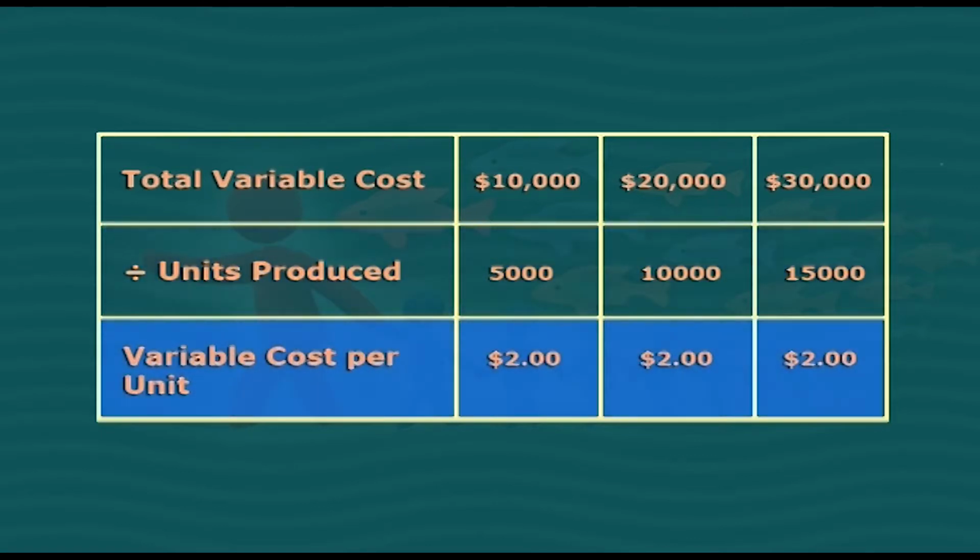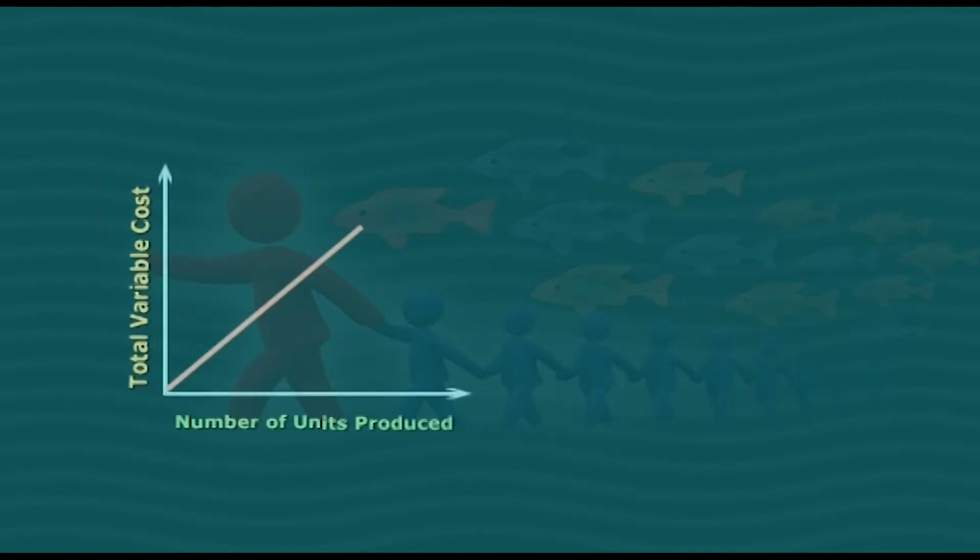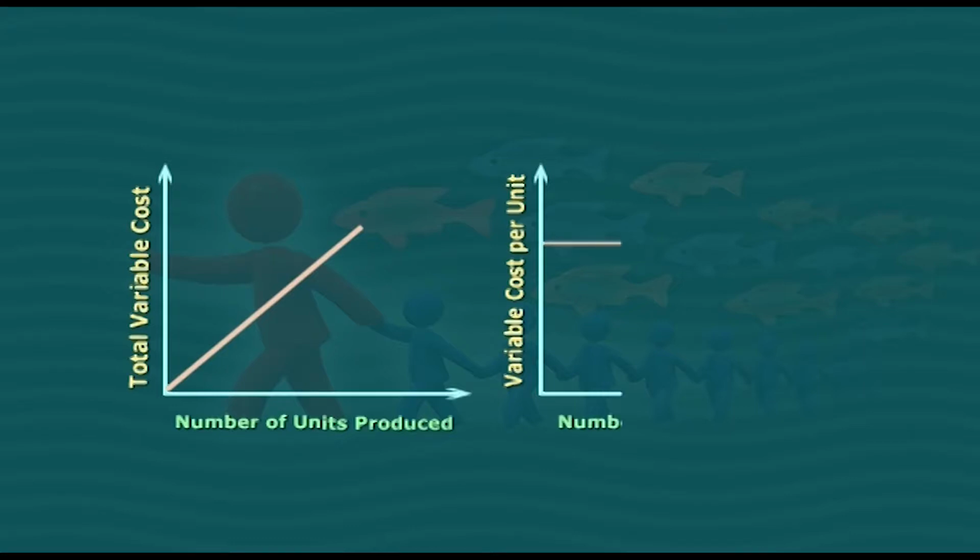And so, the variable cost per unit is rupees 2 in all the cases. If we plot the graph, we can see that total variable costs increase when more units are produced and decrease when fewer units are produced, while the variable cost per unit is stagnant irrespective of the number of units produced.